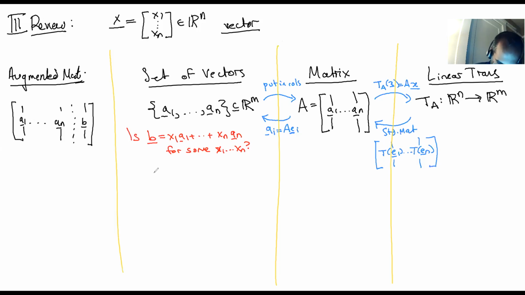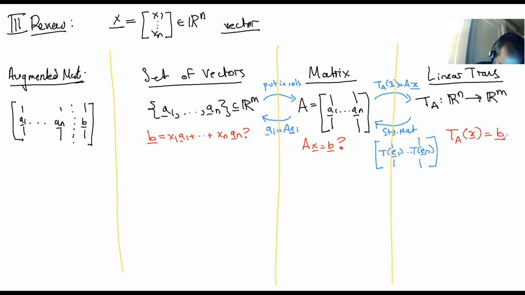Okay, and then that same question translates, in matrix notation, to a linear system, right? It's just: does Ax equal b for some x? So okay, I don't want to keep writing for some, so I'll just write it like this: b is equal to this. And again, for linear transformations, you have a corresponding question: is T_A of x equal to b?